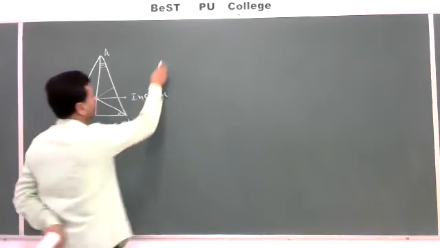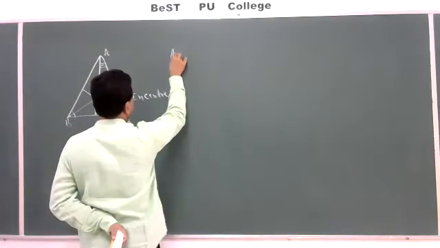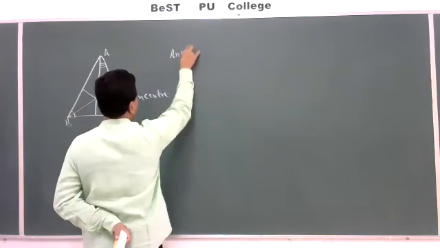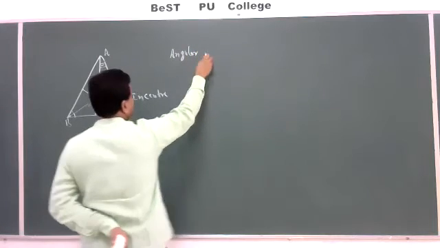First, we'll define the angular bisector.